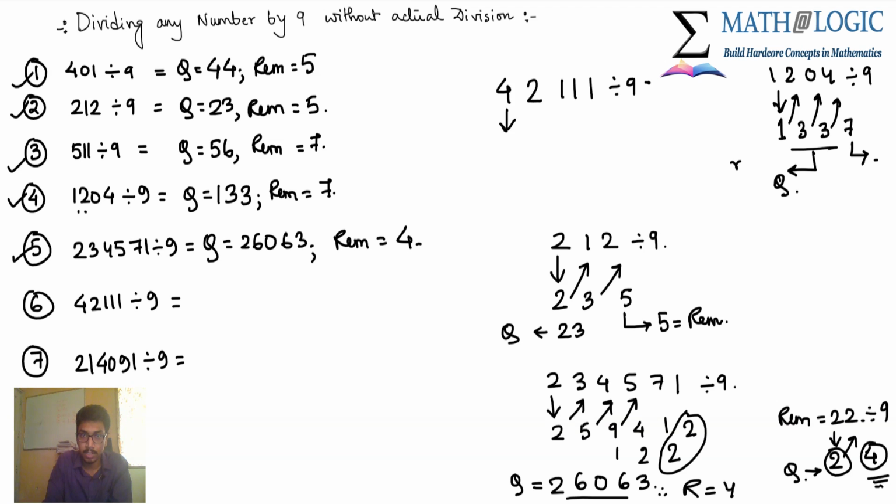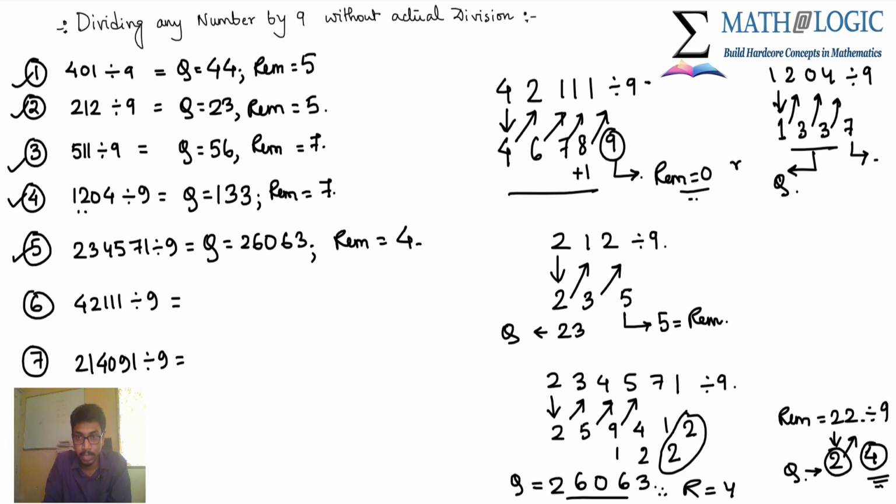So that means this is 4, 4 plus 2 is 6, 6 plus 1 is 7, 7 plus 1 is 8, and 8 plus 1 is 9. This 9 should be the remainder, but 9 is also divisible by 9, so that means the remainder is 0. And since 9 is divisible by 9 one time, we will be adding this 1 over here. So that means the required quotient will be 4679.